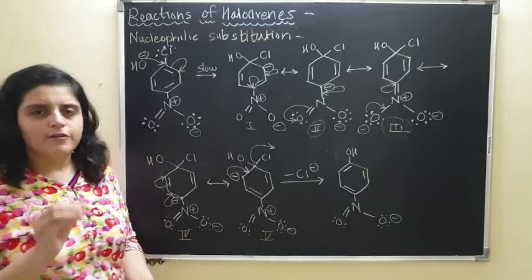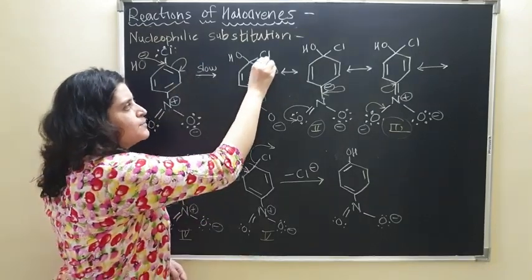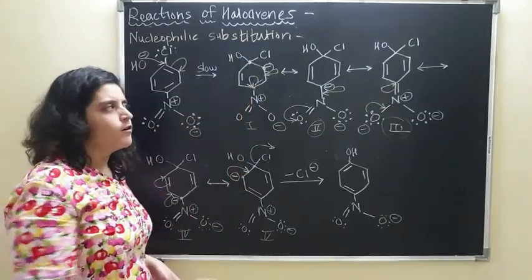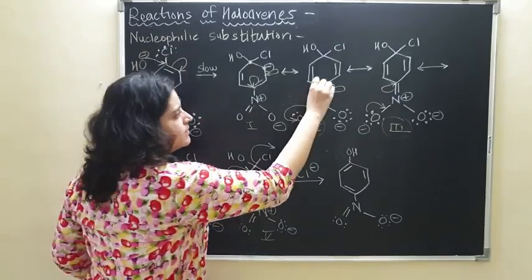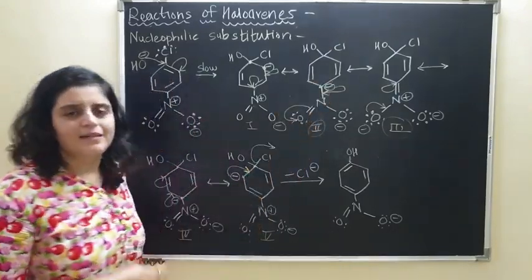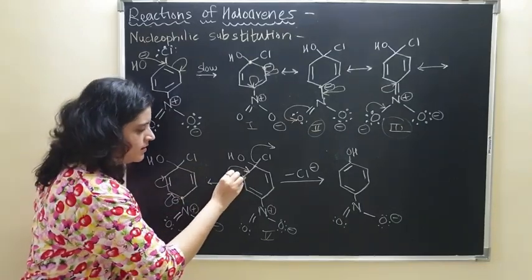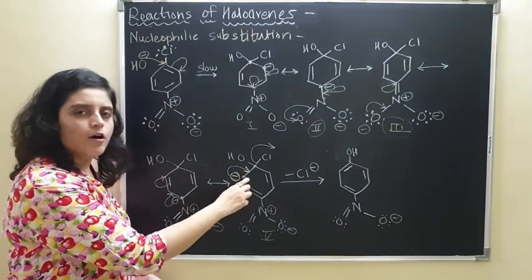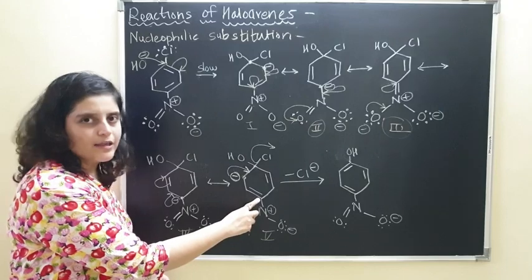Why? Because if you observe, this negative charge is present at ortho position. This is the position of chlorine and this is the ortho position. Then in the next structure, it is present at para position and again in this structure, this negative charge is again present at ortho position because ये दोनों भी ortho है, दोनों भी मेटा है और ये para है.